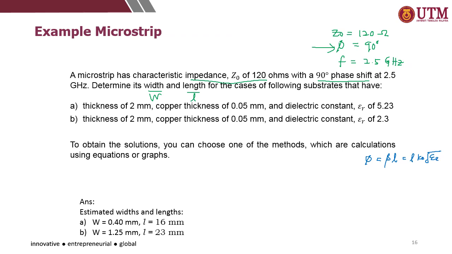Since it is microstrip, you can get the epsilon E by using the equation, and k naught is the wave number equal to 2 pi f over c. Don't forget the phase will be in radian. From here you can get the length, and the width, as usual, you can get the ratio of W over H. Then you can get the W, the width of the structure.